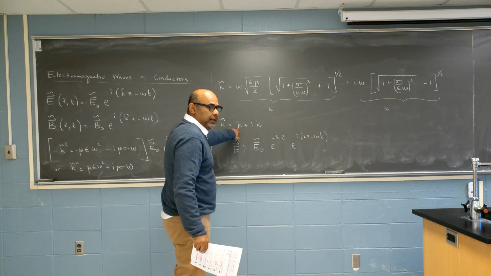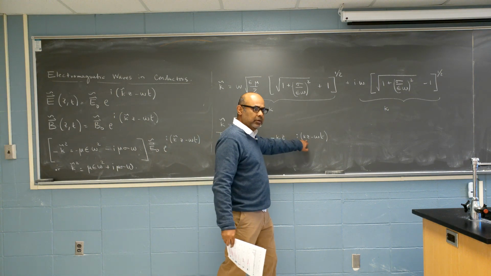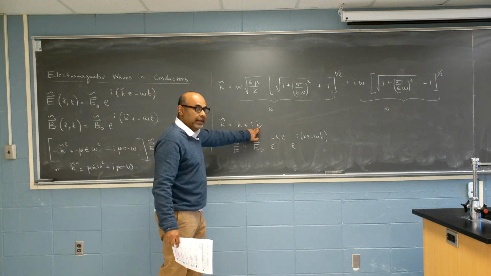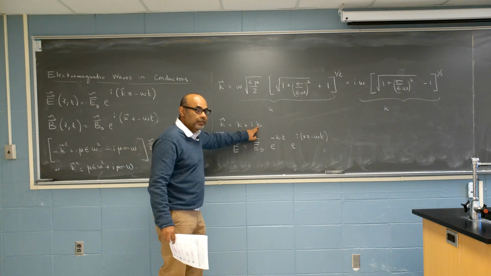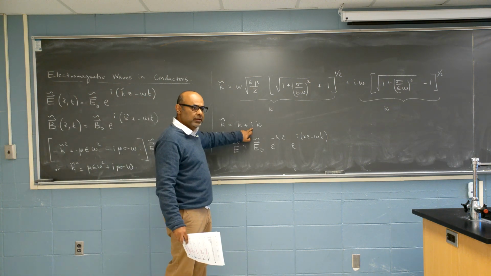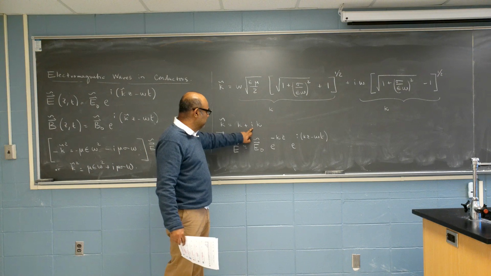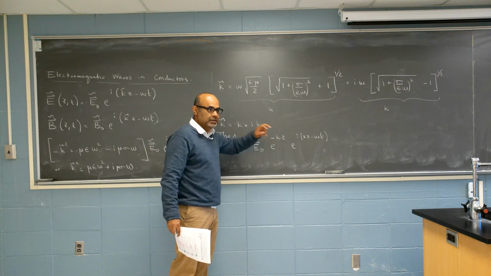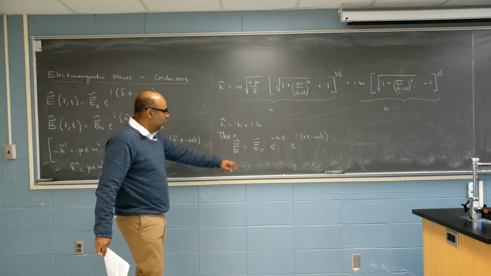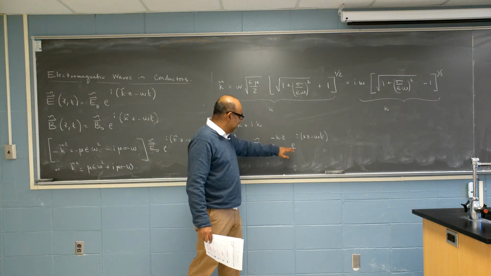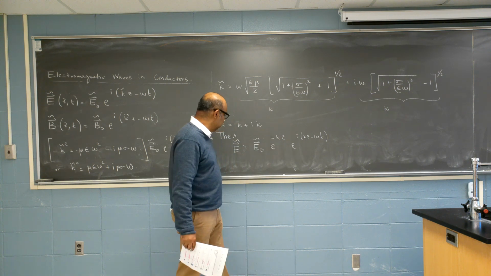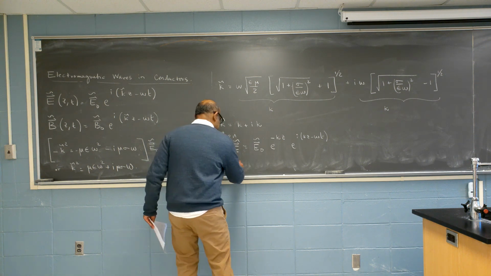So this k is kept over here because of this. Then I have an i kappa. I have an i here. i times i is what? Minus 1. So it becomes minus kappa z. So this is an oscillating wave. This is something that attenuates. It exponentially goes to 0, and I get the same thing.